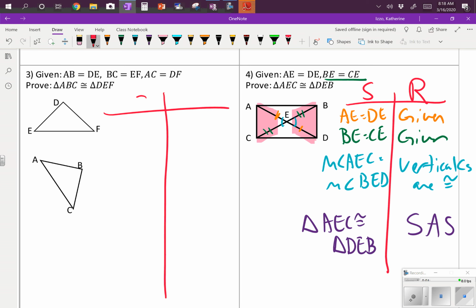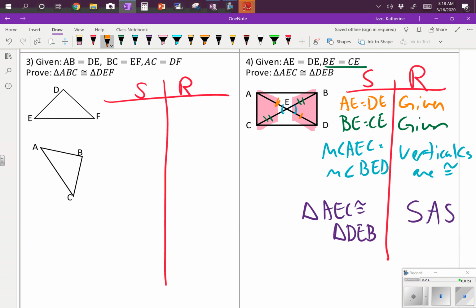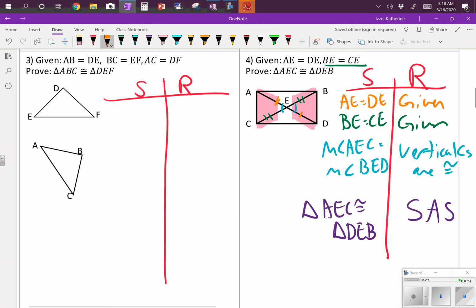Let's do our statement and reason. First thing that we have to do, Squirrel, is our givens. Now, we have 3 givens here. AB equals DE. As soon as we write down our givens, we have to draw that in the picture. So AB is over here, and DE is over here, and that's a given.